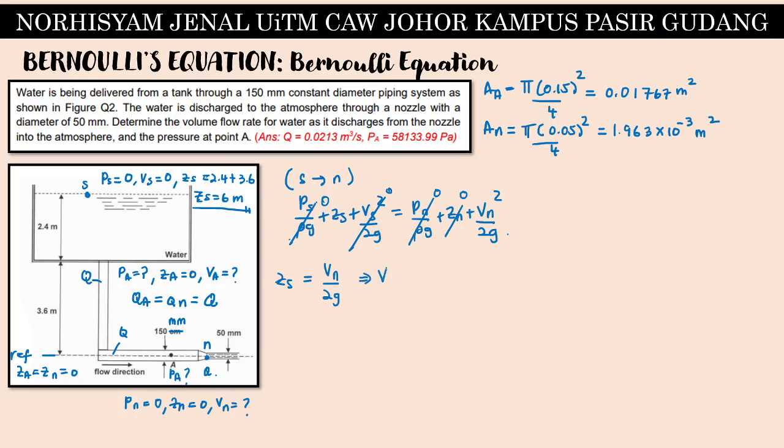So to find out Vn, Vn equals the square root of 2 times G times Zs. So this is equal to the square root of 2 times 9.81 times 6. Vn should equal 10.85 meter per second.